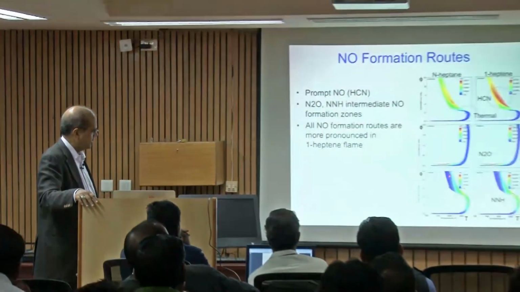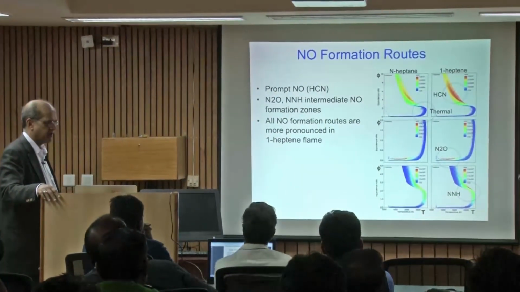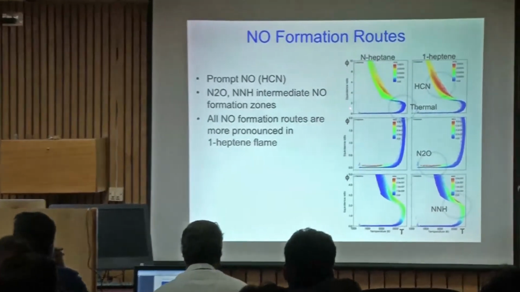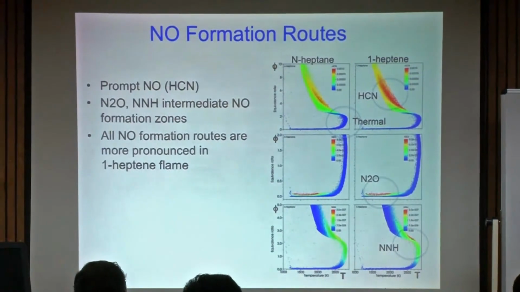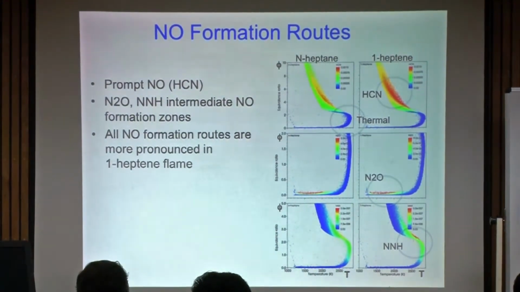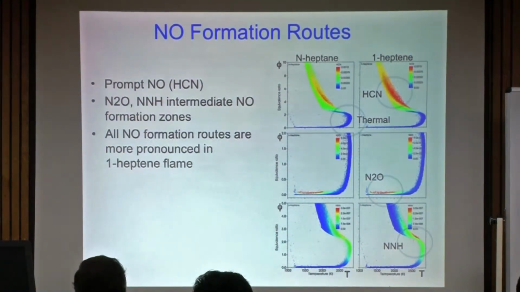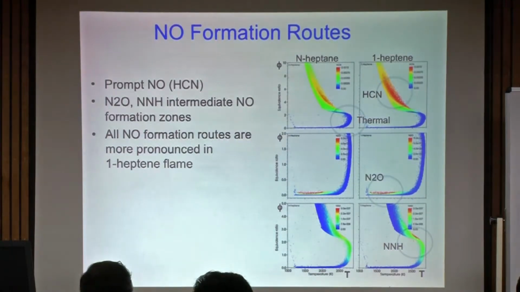So along the x-axis you have the temperature, and along the y-axis you have the equivalence ratio. Again, this is the equivalence ratio corresponding to the non-reacting case. We can extract, looking at the atomic species. So it gives very interesting results, a lot of insight.